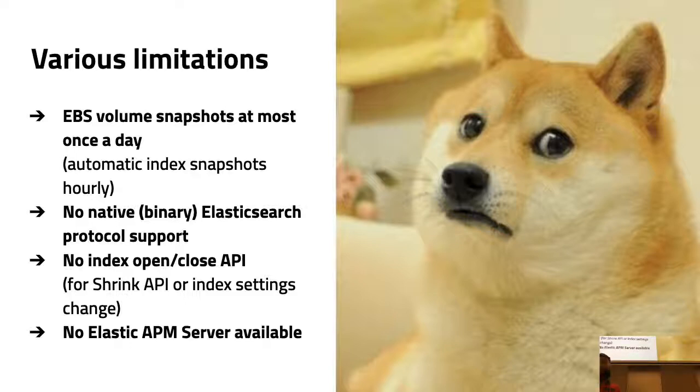A few APIs, like the index open and close API, are not available to you. So if you want to use other APIs that require it, like the shrink API, for example, to optimize your index, you will not be able to use it. There's no Elastic APM available. There will never be Elastic machine learning available. No SIEM. Basically, you will be using a special version of Elasticsearch in AWS for a long time.